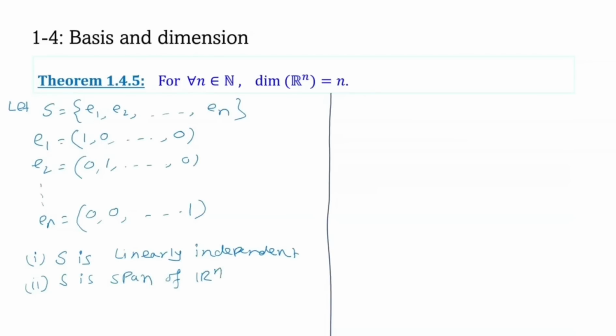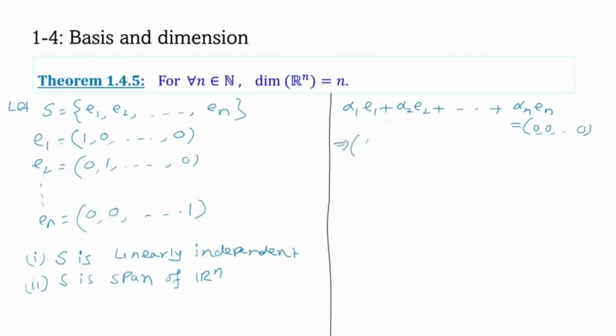Let's first show linear independence. Alpha 1 e1 plus alpha 2 e2 plus ... plus alpha n en equals (0, 0, ..., 0).